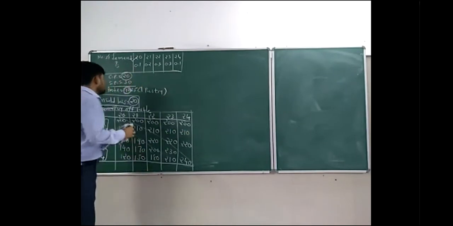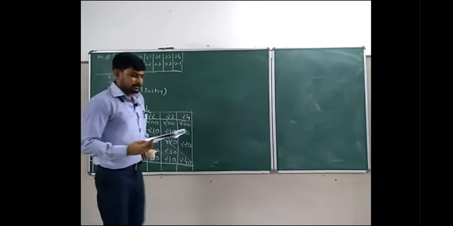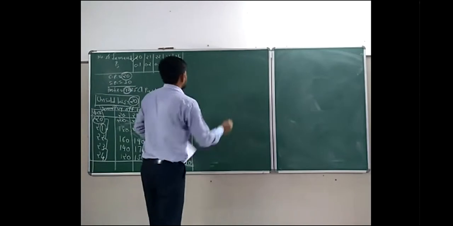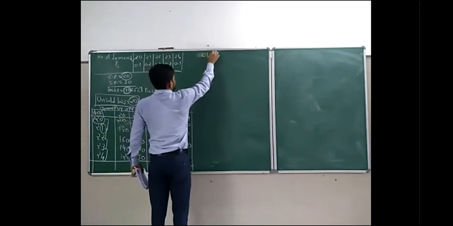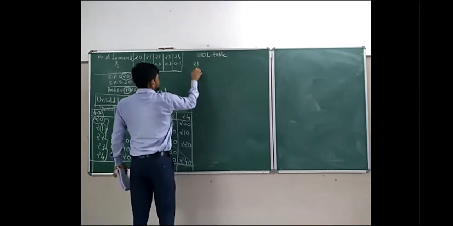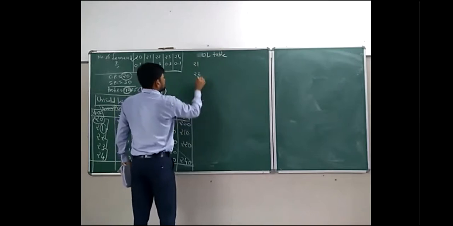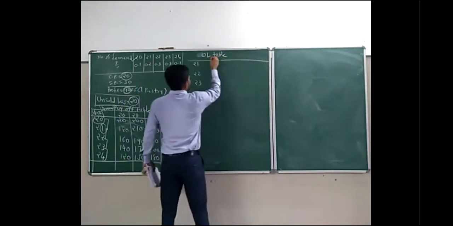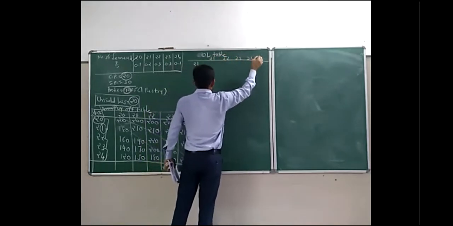Now the second question is what? Find the EOL table. Okay. So now we'll find the EOL table, opportunity loss table. So here we'll write directly stock 22, 23, 24, 25, and here we'll write demand again 21, 22, 23, 24.